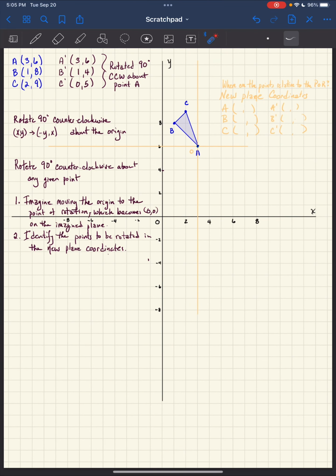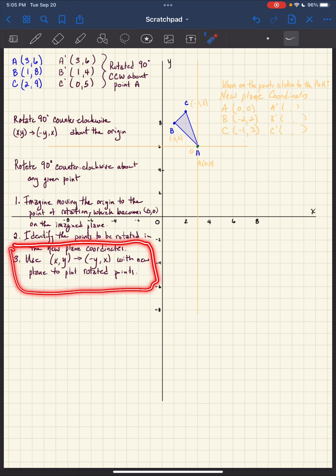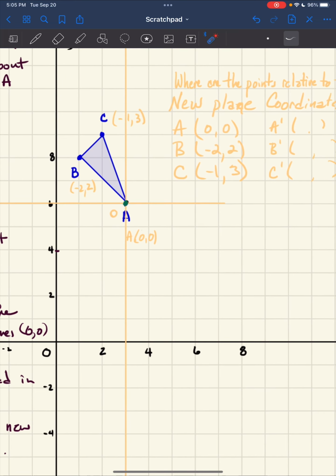Well, A prime will be where it is; B prime and C prime will be the ones that move. So we're going to take that (x, y) and change it into (negative y, x) with the new plane coordinates to plot the rotated points.